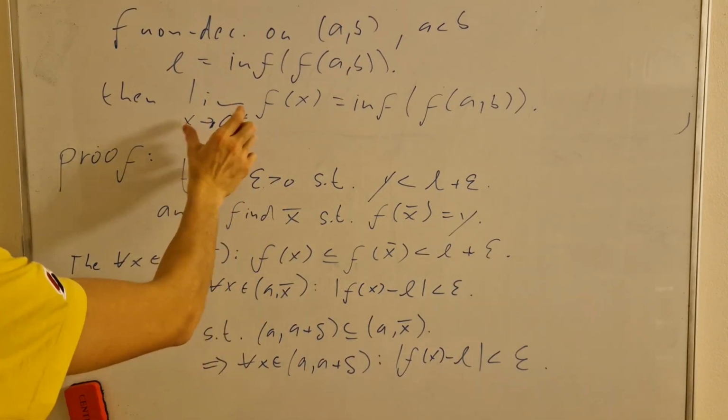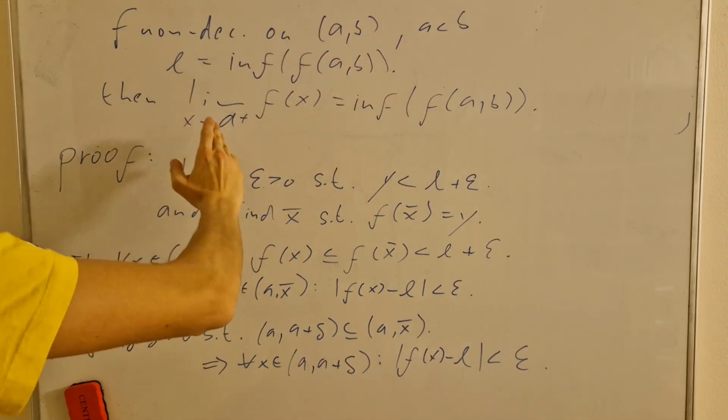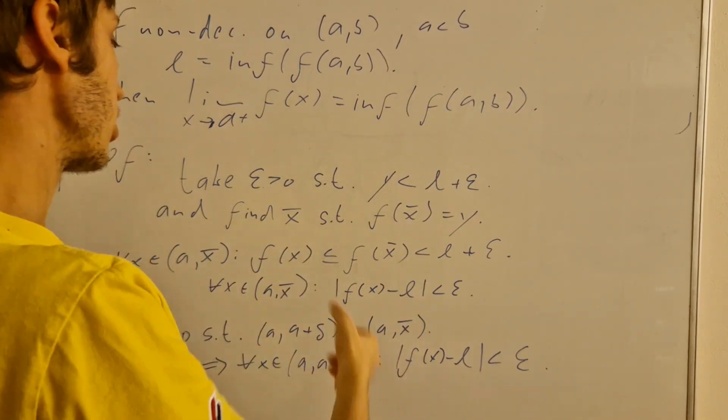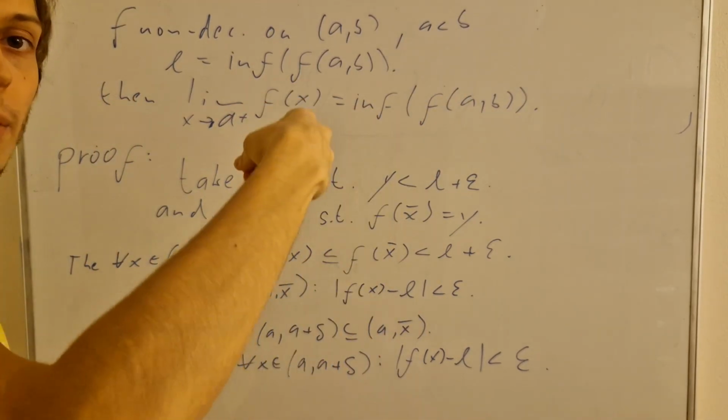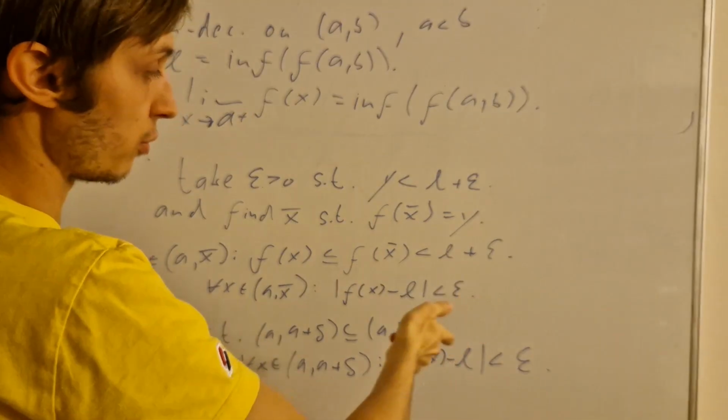So if we approach the point A, which is the left bound of this interval, from the right side, it should equal the infimum of all the function values on that interval, which is quite clear when one thinks about the scenario, but we can also supply the proof step by step.